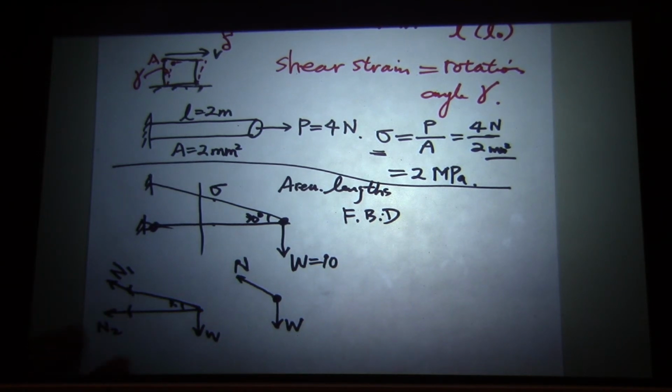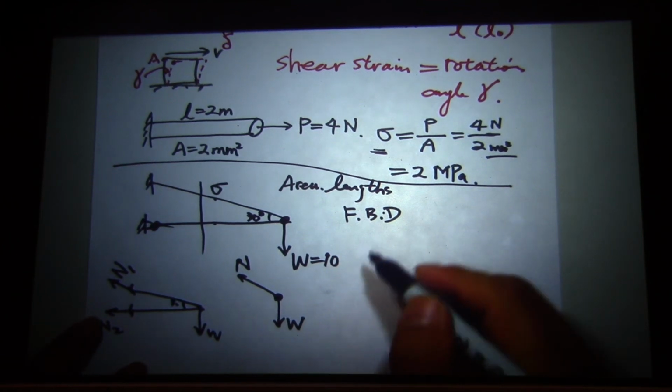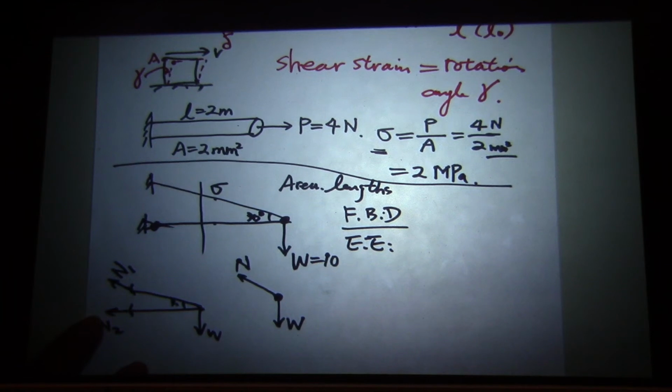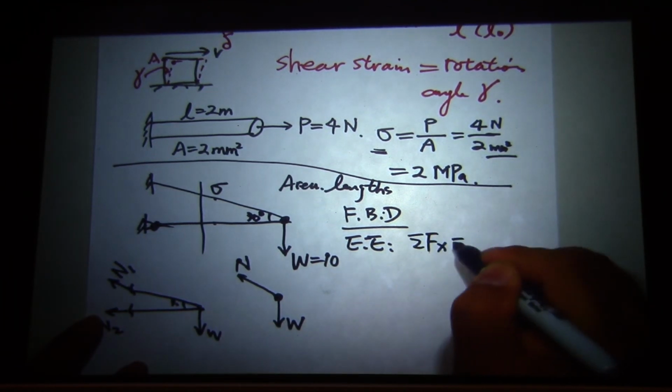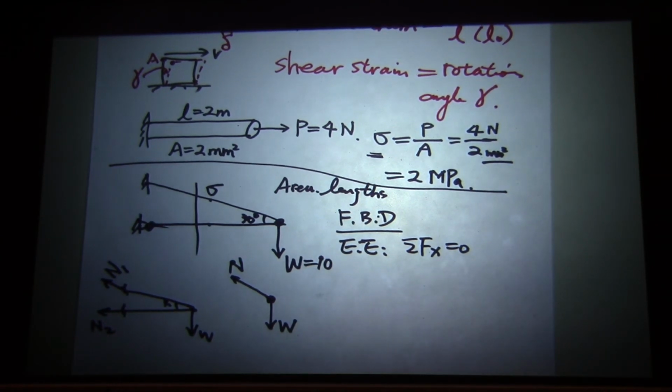Yeah, once I have this free body diagram, I can write the equation of equilibrium. So what's the equation of equilibrium? Sum of forces in the x direction, so sigma Fx equals 0. Sigma Fy equals 0. Let's write sigma Fx equals 0 first. What do you have?